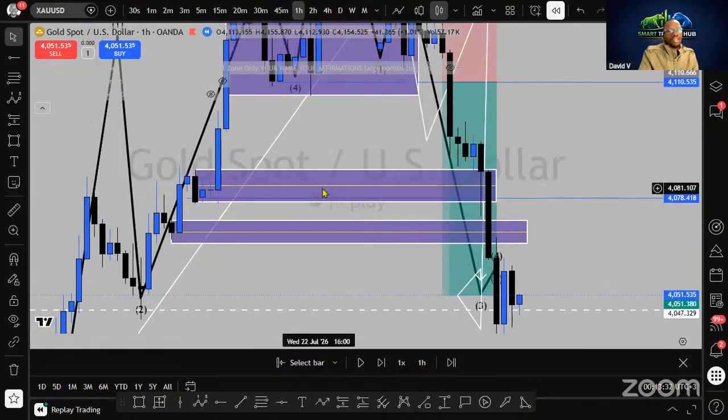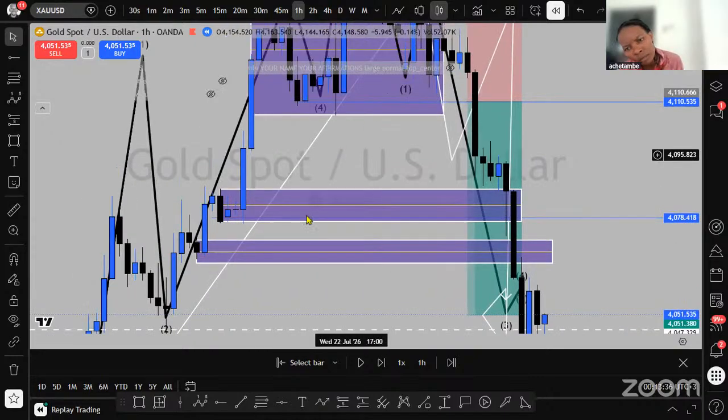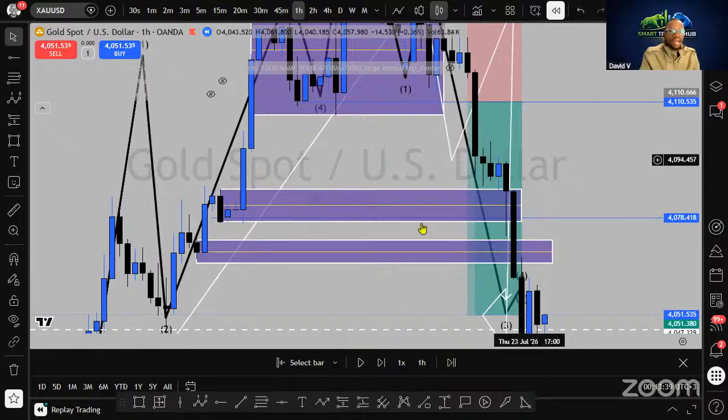So these are normally the areas to look at where the market can flip back.